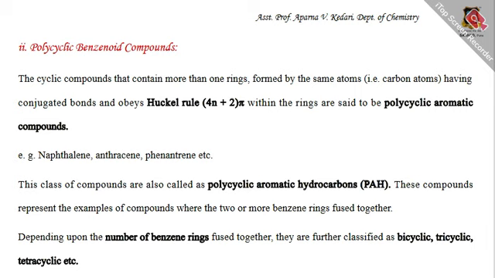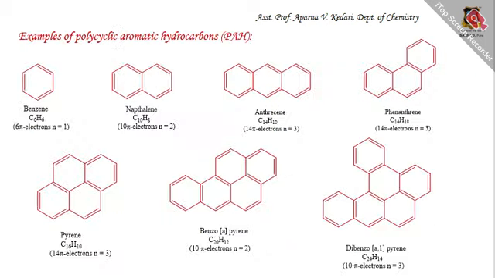This class of compounds is also called polycyclic aromatic hydrocarbons. These are examples of compounds where two or more benzene rings are fused together. Depending upon the number of benzene rings fused together, they are further classified as bicyclic, tricyclic, and tetracyclic benzenoid compounds.